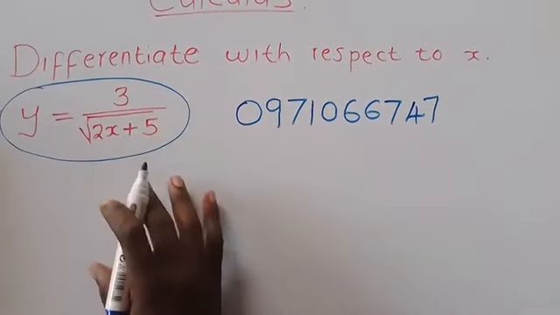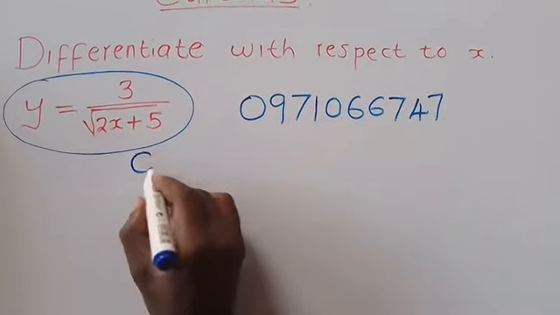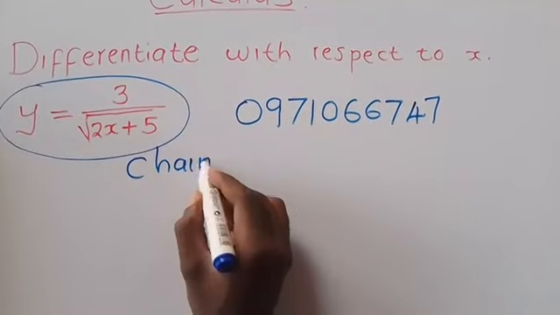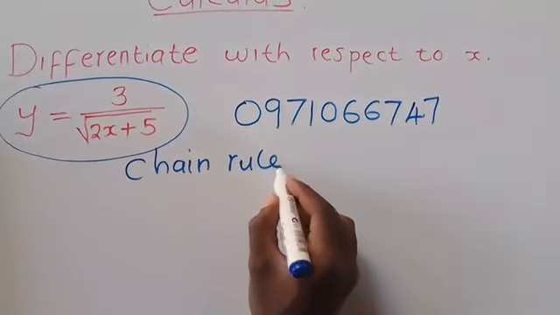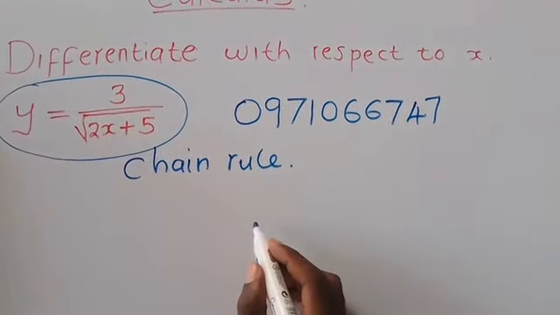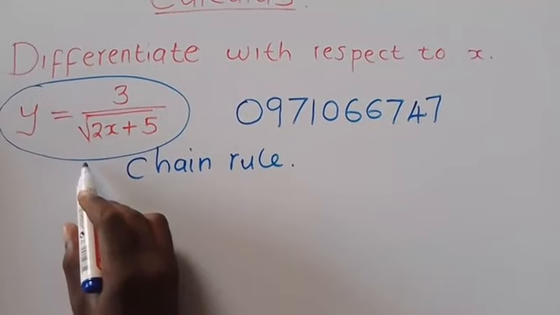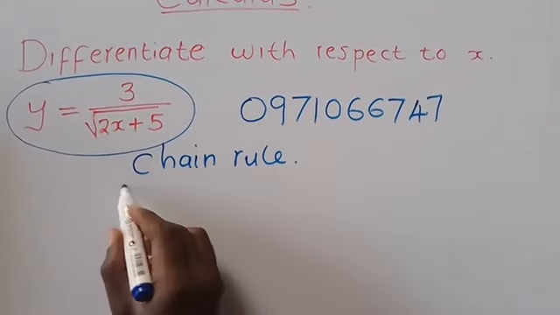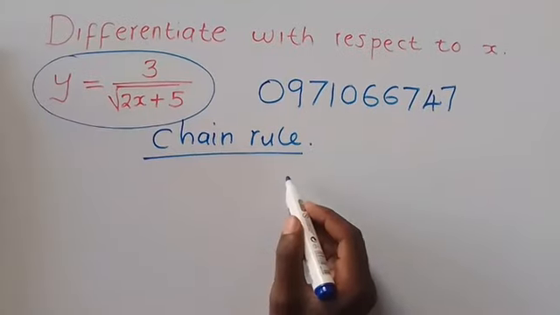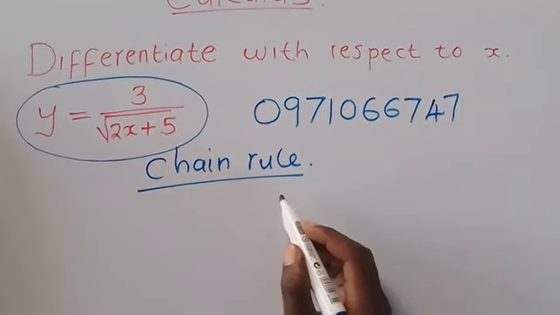According to this question, we need to use the chain rule. In other words, you cannot answer this question if you don't know how to use the chain rule. Which formula can you apply?